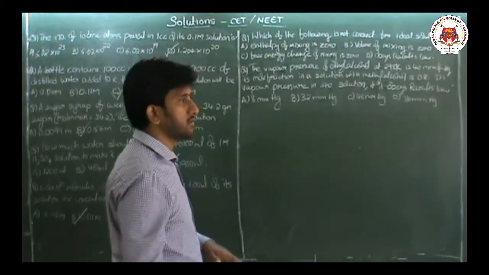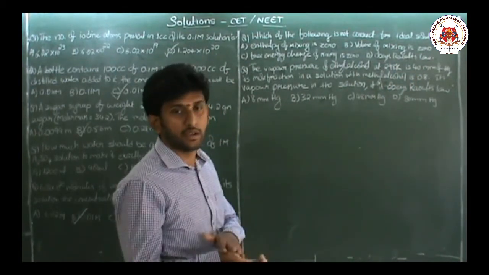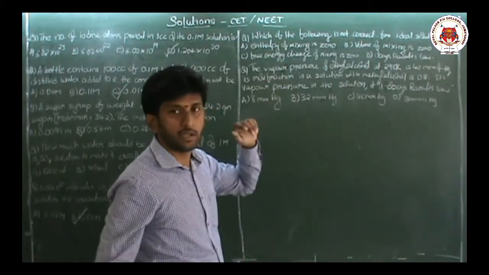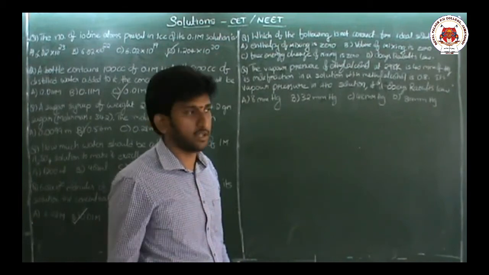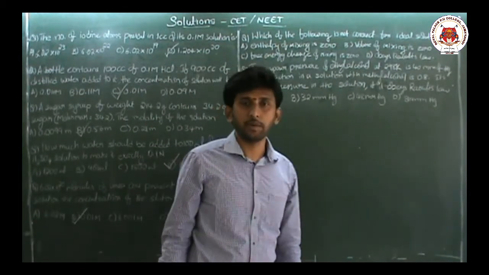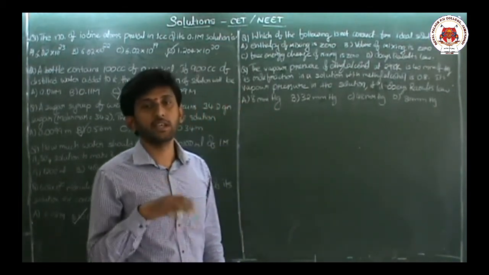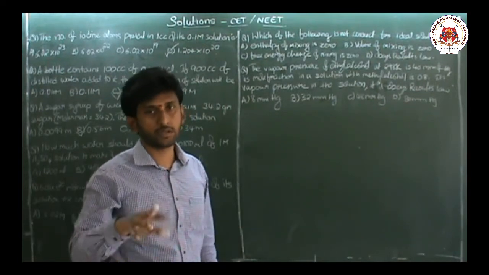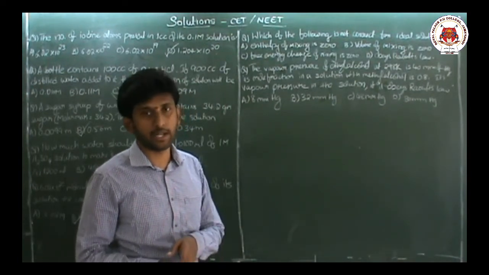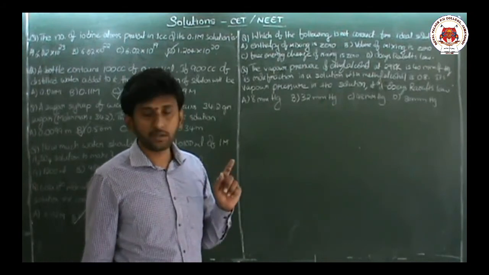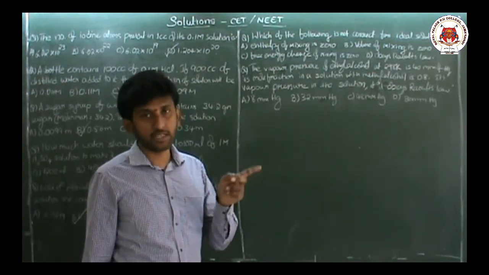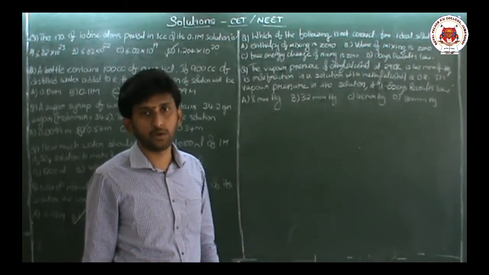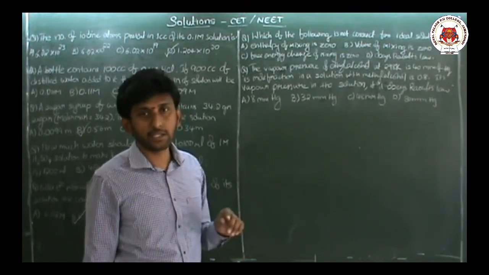You know, according to Raoult's law, the solution in which the interaction between solute-solvent molecules must be nearly equal to that of the solute-solute or solvent-solvent molecular attractions, right? And also delta H mixture, enthalpy change for the mixture, must be 0. Then only it is called ideal solution.